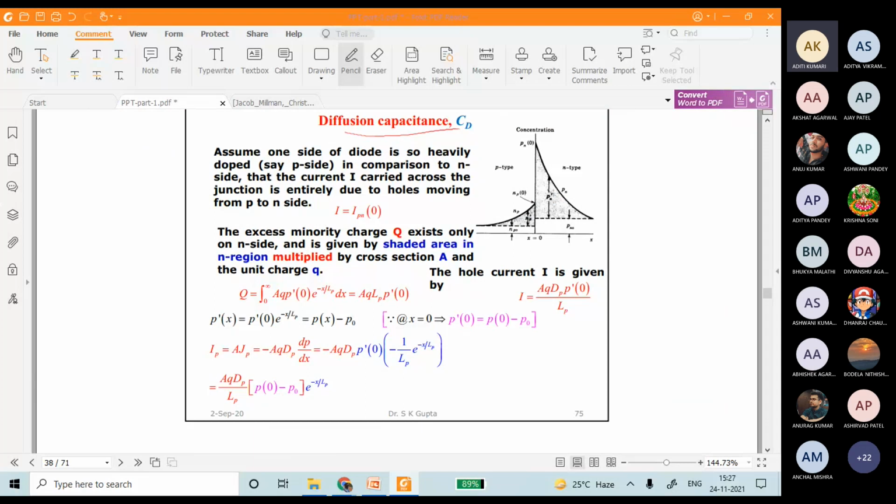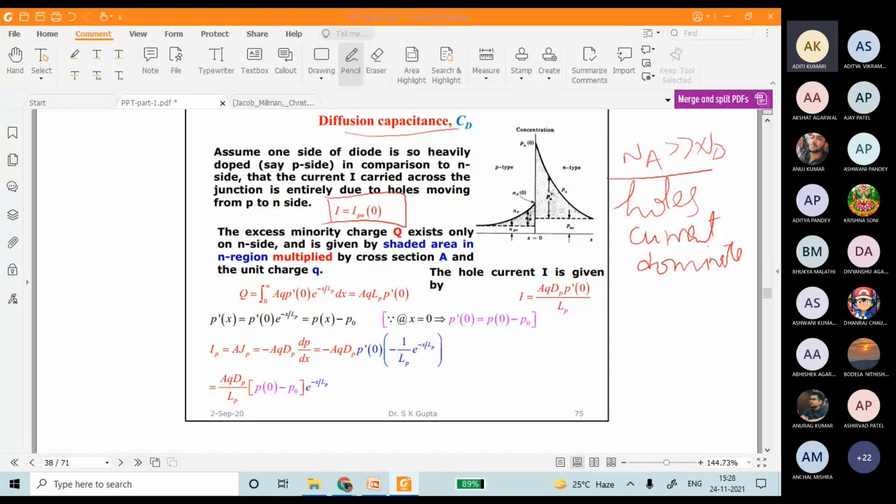As stated earlier, the p side is heavily doped as compared to the n side, so the current due to holes dominates as compared to the electron current, and the total current is due to the hole current only, which is injected from the p side to the n side.